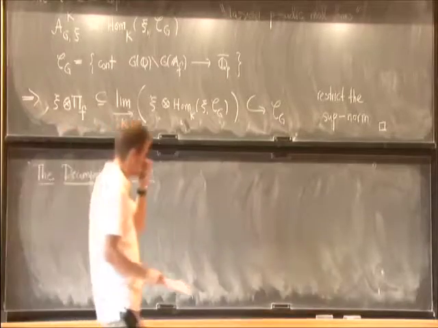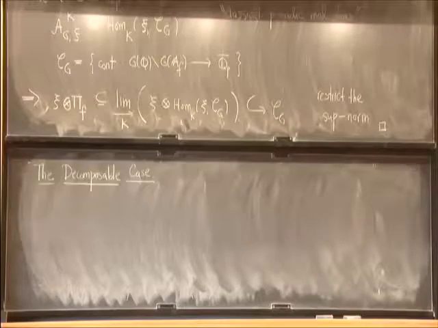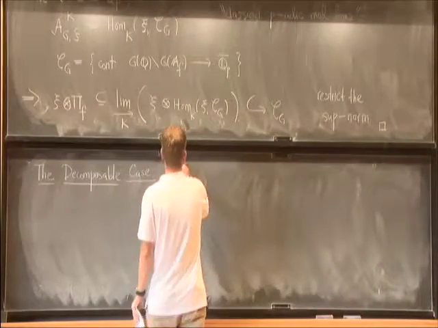So now you want to go back to the GL N case and take this G to be a unitary group. So let's put ourselves in the following setup.